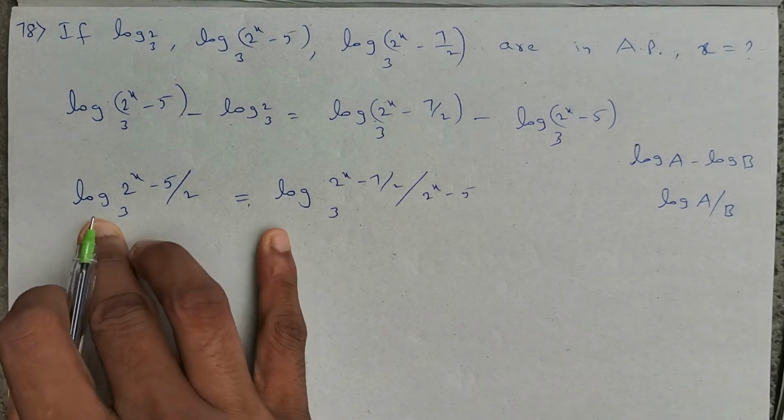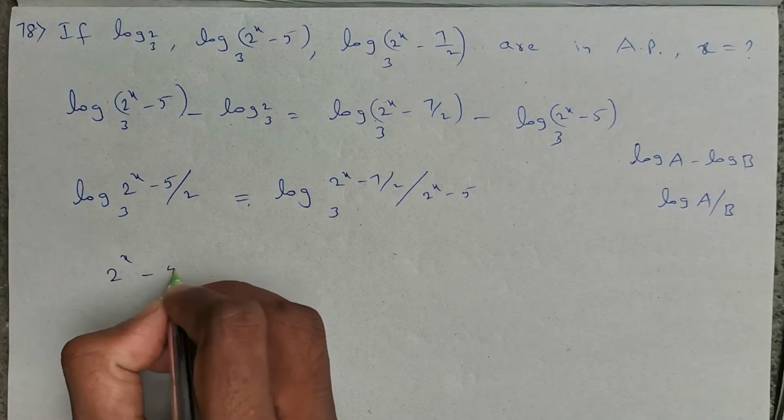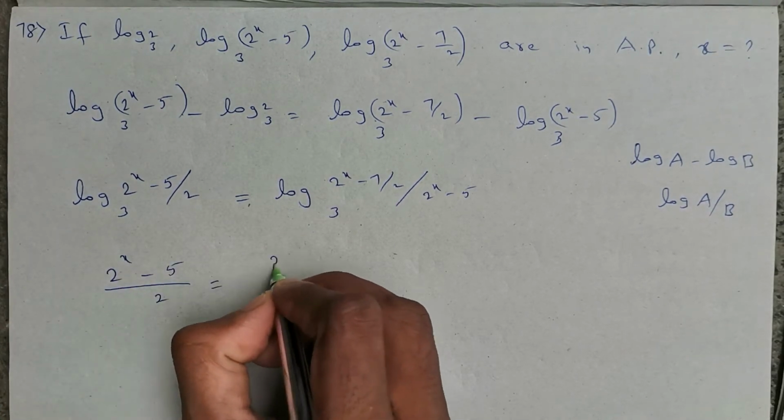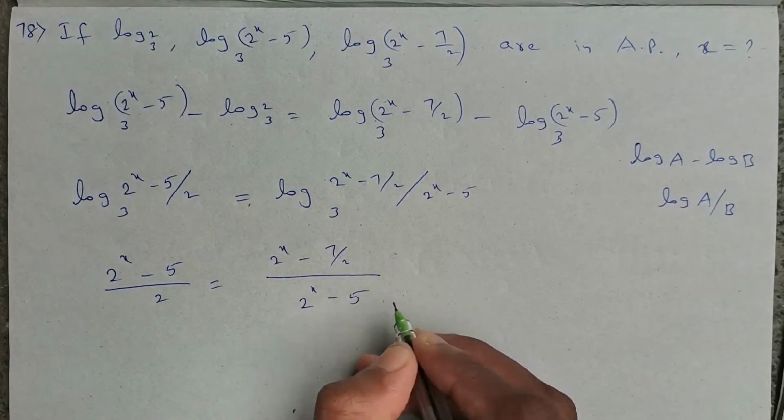Now here logs are there with the same base, so equate those numbers. 2 power x minus 5 divided by 2 is equal to 2 power x minus 7 by 2 divided by 2 power x minus 5.